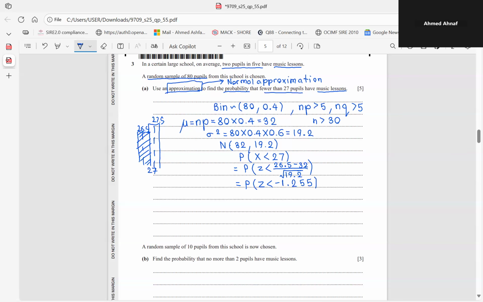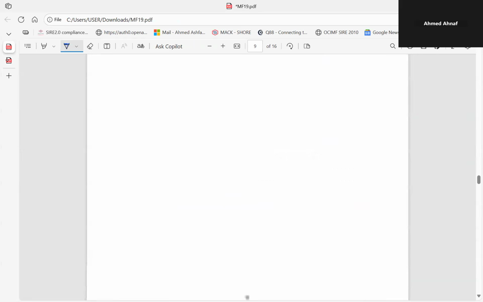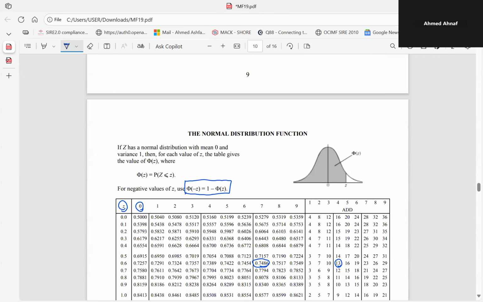The reason I'm rounding off to 3 decimal places is because that's the maximum number of decimal places you can use for your normal distribution tables. We can convert this into a function of phi, and rewrite this as 1 minus phi of 1.255, as per the formula given in the normal distribution table.